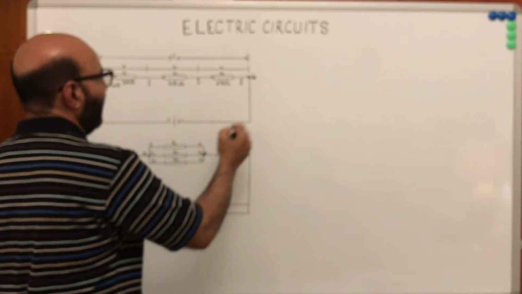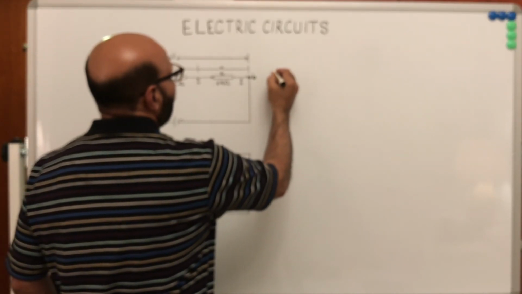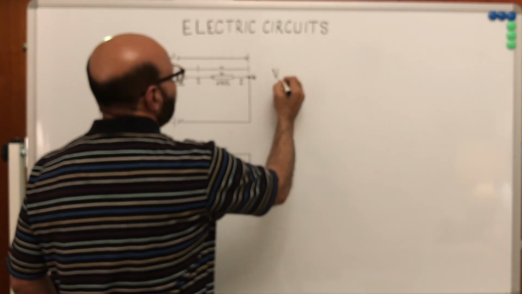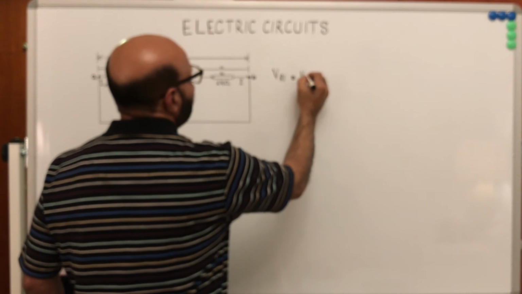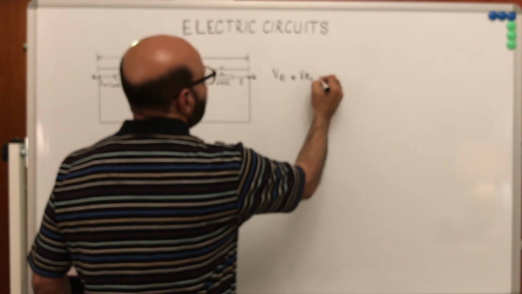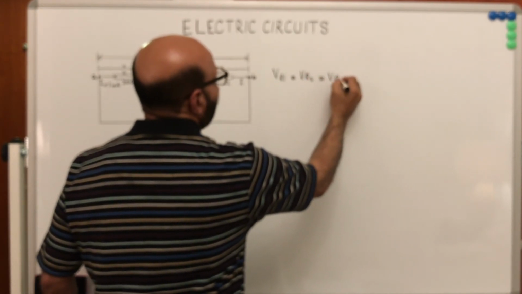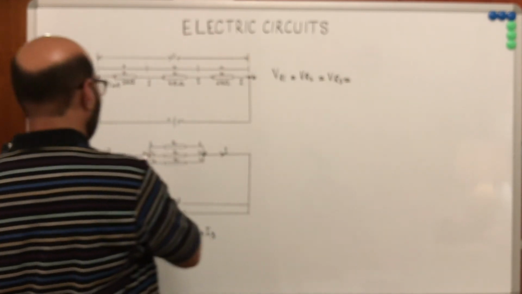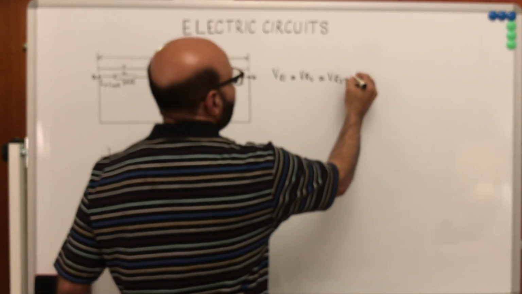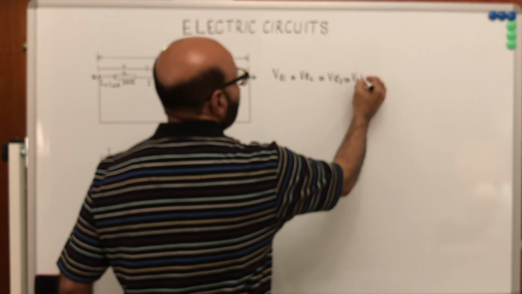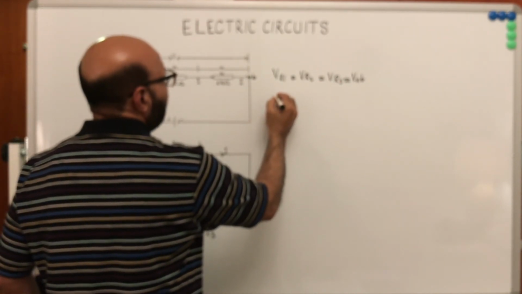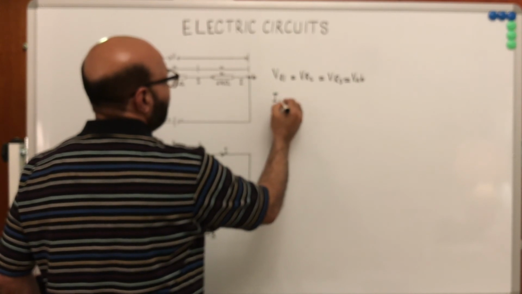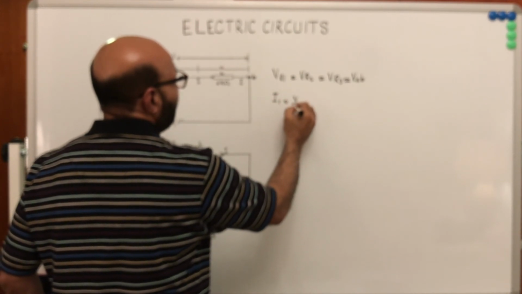Resistors in parallel have a common voltage across them. VR1 is equal to VR2 is equal to VR3 is equal to VAB. The current for resistor R1 is V upon R1.